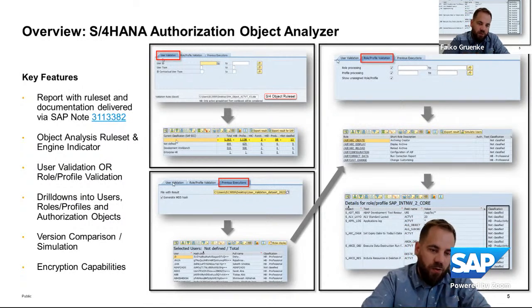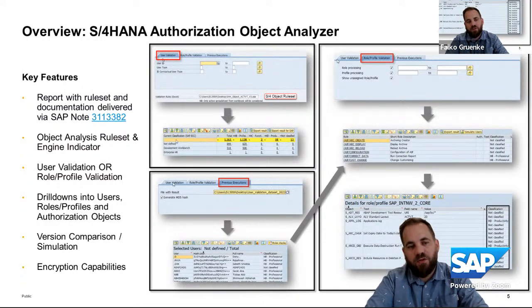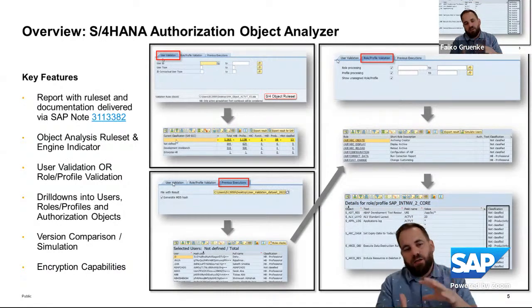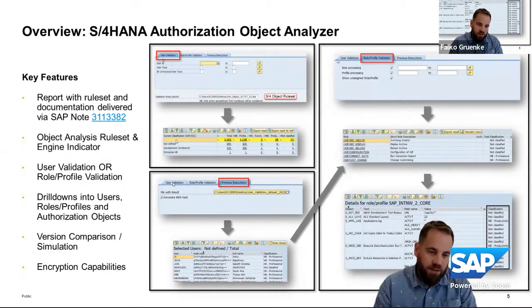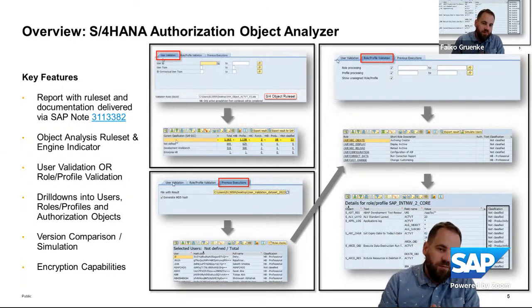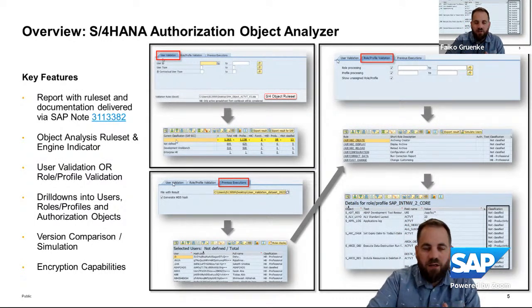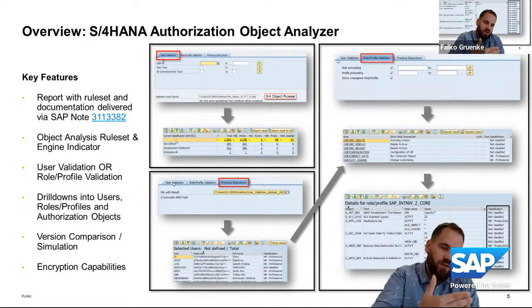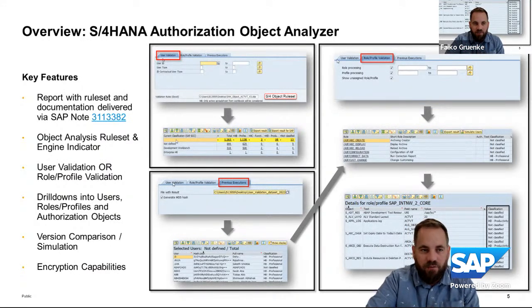But very important, especially when you have bigger systems, is that you're not just looking into single users; you can also look into the roles and the profiles. With the role validation, you can either jump directly from the users into the roles which are assigned to those users, or you start from the top and go directly into the role analysis.